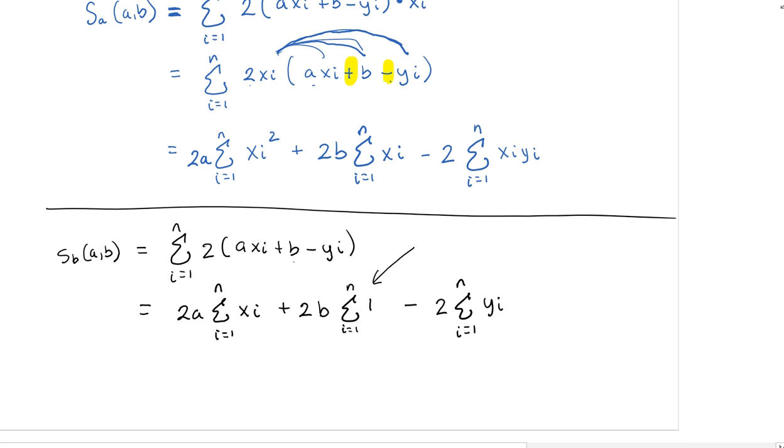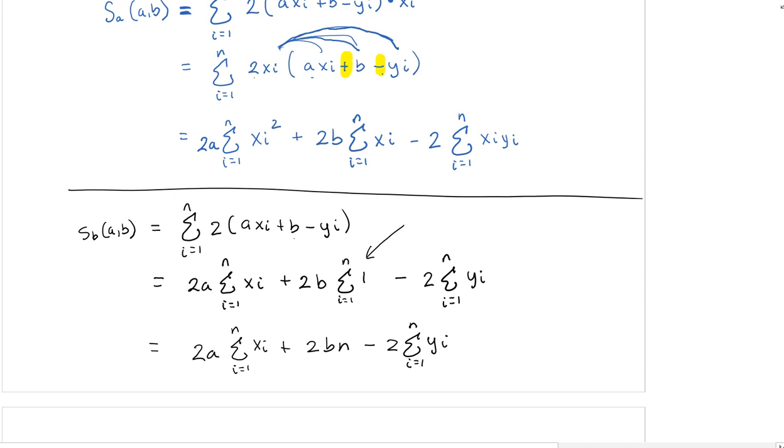If you recall, for this sum right here, this is just adding the number 1 n times. So we can actually rewrite this as 2a sum from 1 to n of x sub i plus 2bn minus 2 sum from 1 to n of y sub i.